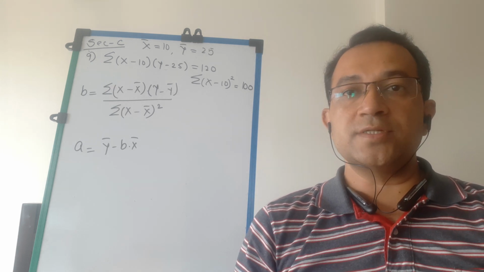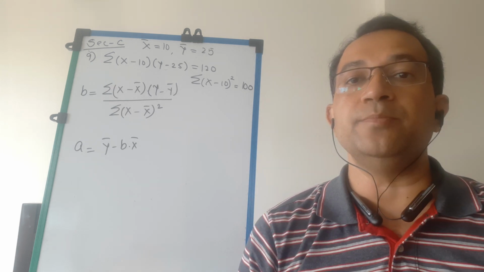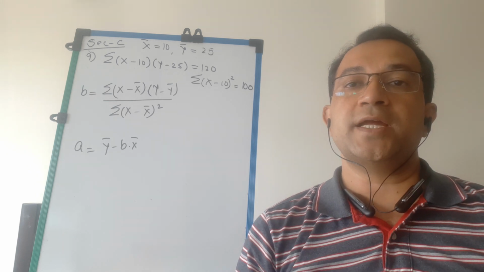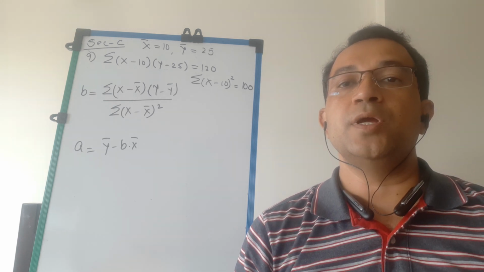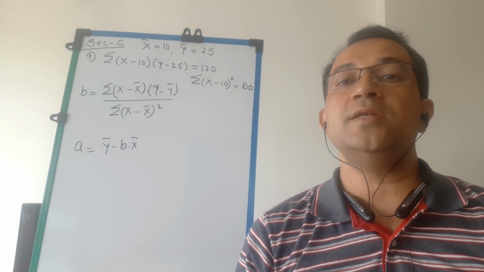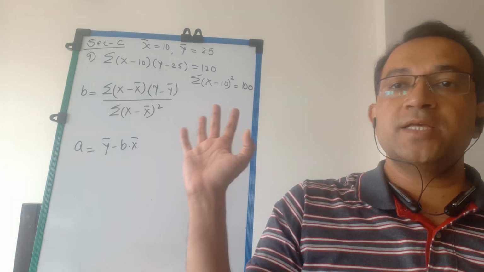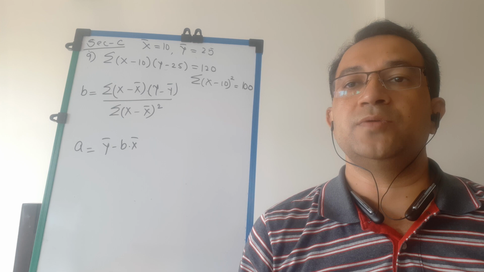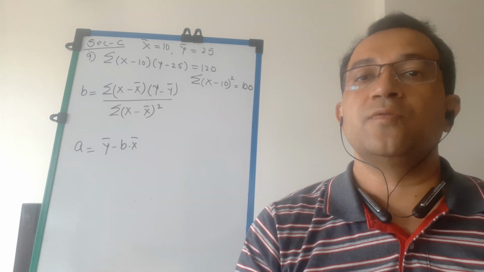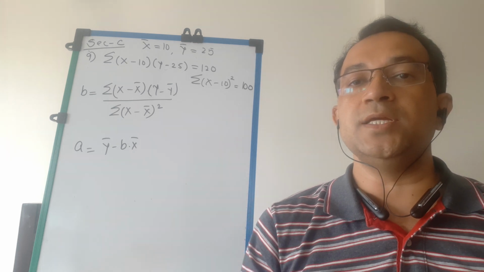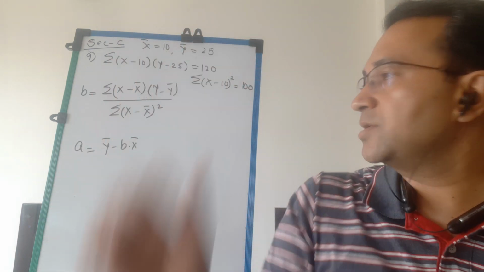Be careful, our first target is to find b, and our second target is to find a, because we require b to find a. Due to less space I am not writing the statements. We write the formula to find regression coefficient b as below.